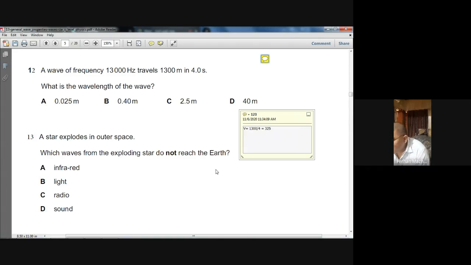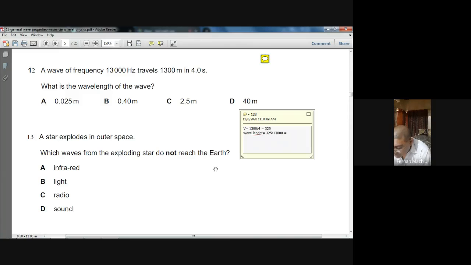So lambda, the wavelength, is equal to velocity divided by frequency. So the velocity is 325 divided by the frequency. The frequency is 13,000. So let's see what's the answer on the calculator.